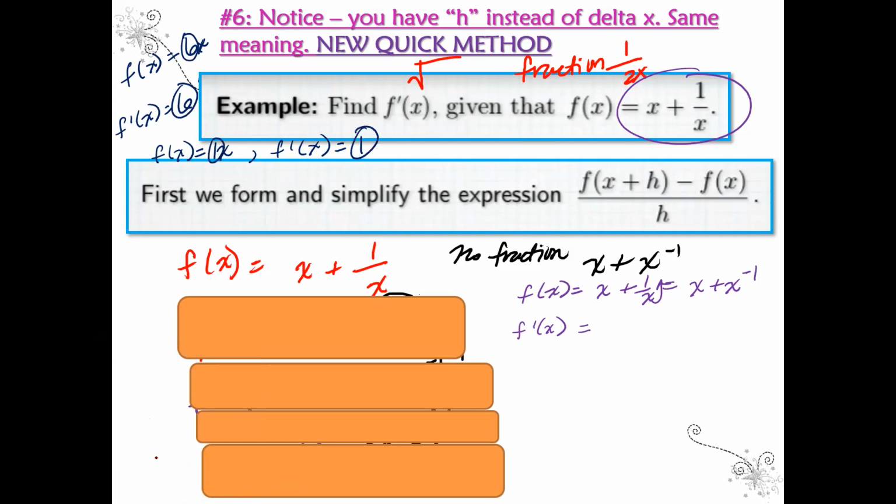Because if you think about it, if you're looking at 6x to the 1 power, what you do with the power rule is you take that 1, bring it down, so it's 6 times 1, x. And then you have to subtract 1 from the exponent, so 1 minus 1 is 0. Well, what is x to the 0 power? A lot of my freshmen say 0, but that's not true.